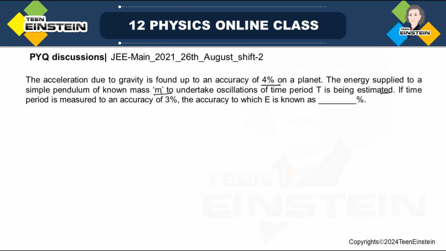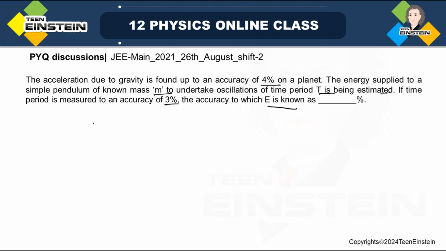If the time period is measured to an accuracy of 3%, then the accuracy to which E is known is dash percent.